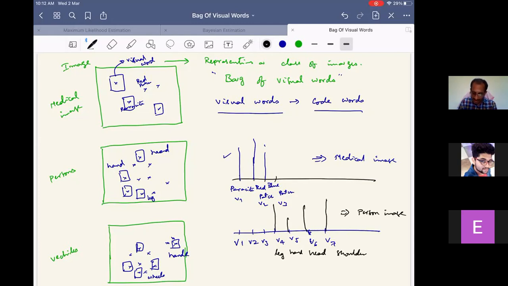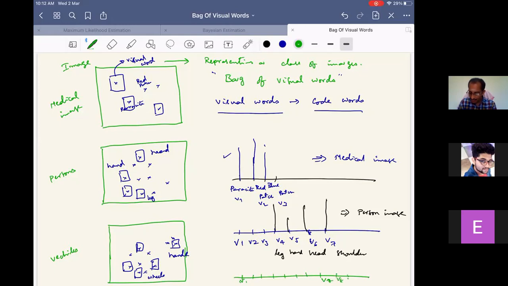Now, if you consider a different kind of images, for example vehicle images, then what will happen? V1, V2, V3, V4, V5, V6, V7, all these are there, but the frequency for these will not be high.